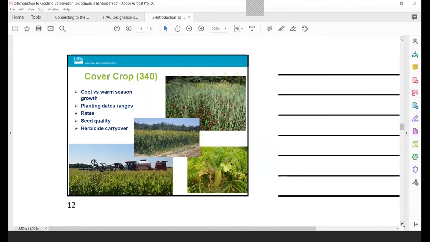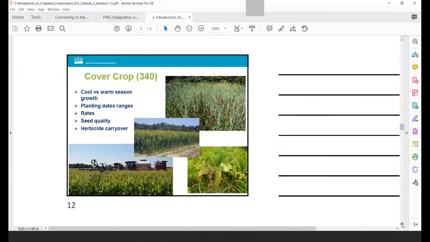So you have to understand when this seasonal coverage is needed, whether that's a cool versus warm season, because that will vastly change the species you plant. Cool season plants generally grow good in the fall and in the spring. Cool season plants are like cereal grains, the wheat, the rye, some of the clovers, crimson clovers, versus warm season cover crops like sorghum-sudan and sun hemp, which are primarily our warm season crops.